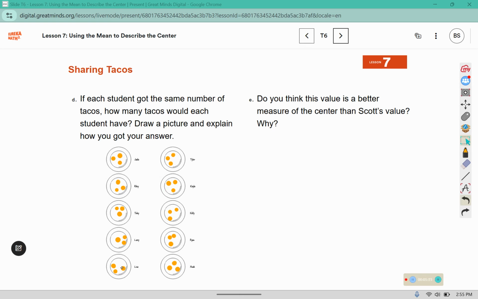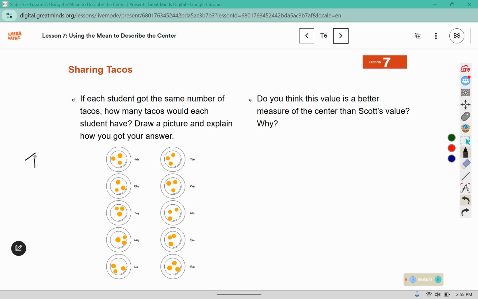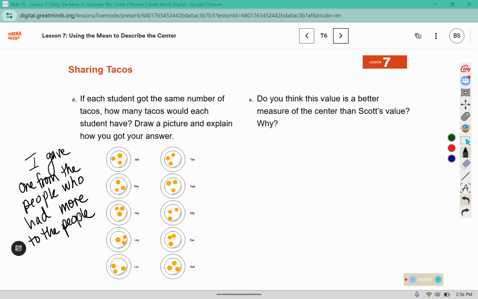Then everybody has 3. So then they would each have 3 tacos.